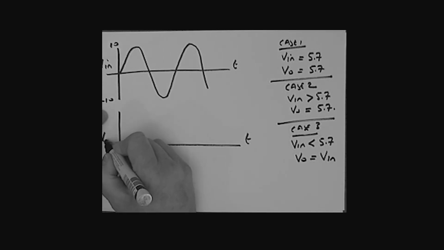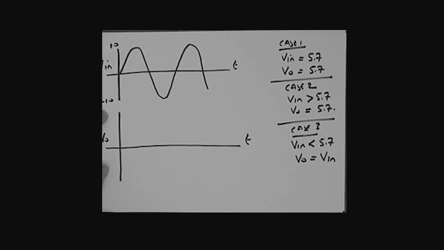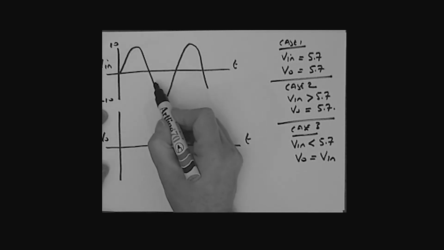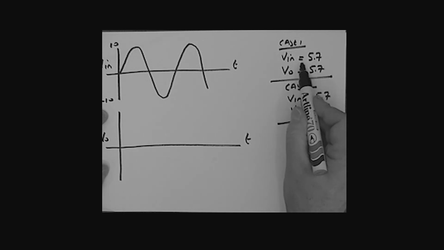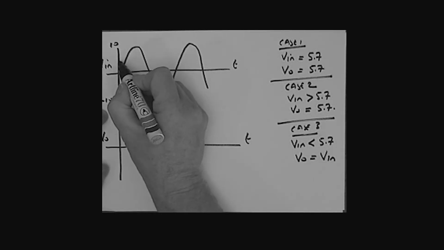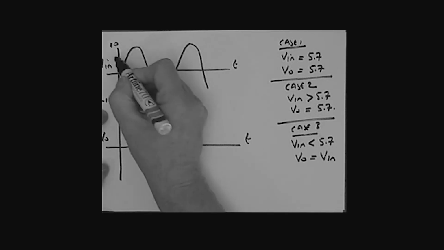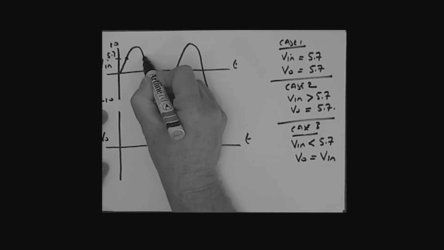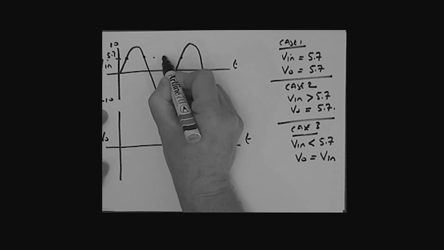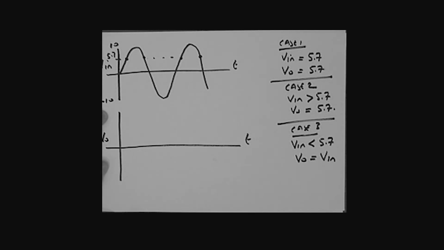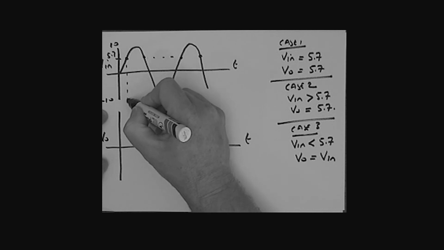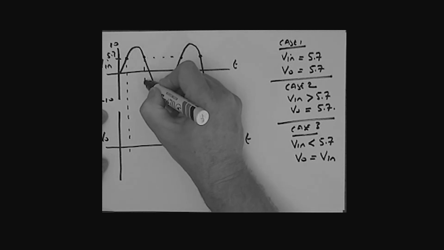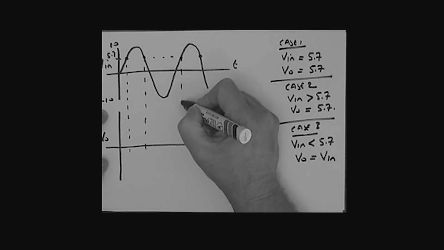If you like, this is VO. All right, what have we got here then? Well, let's look and plot on this graph the points where the onset of conduction begins. That's V in 5.7. All right, so let's imagine that's hard to write in, but 5.7. That's the onset of conduction points that I'm just showing across this graph like so. Okay, let's bring that information down to the output graph like so.